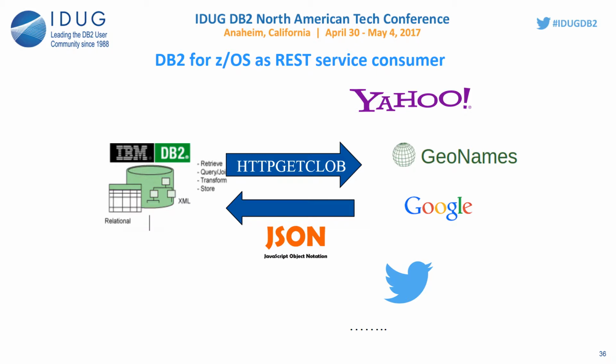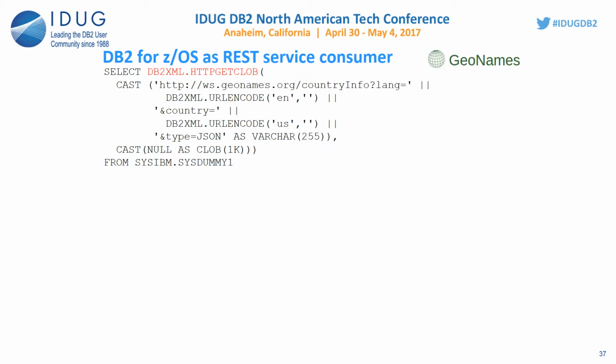First, for example, we send a request to GeoNames to look for information about the US. This function takes two parameters, HTTP GET CLOB. The first parameter is the service URL. The second parameter is optional. It allows you to put down the header that's required for the other side.